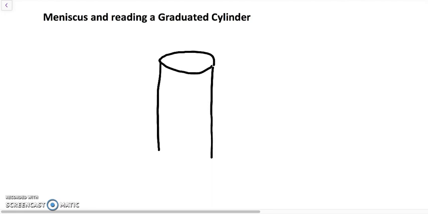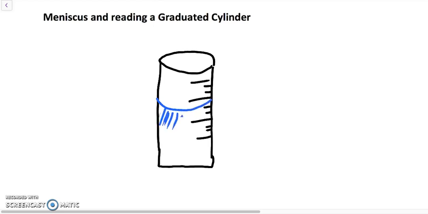So now on to reading a meniscus. When you fill any kind of beaker, specifically a graduated cylinder, there's your graduated cylinder, you'll have the measurements on the side, and it'll tell you how much volume is in your graduated cylinder. When you fill this with water, however, it's going to form a little dip.